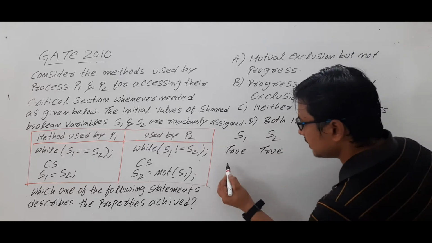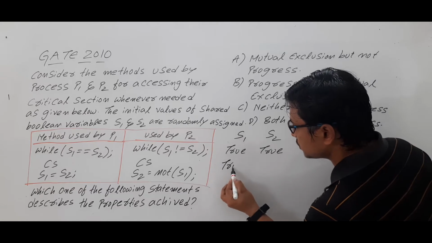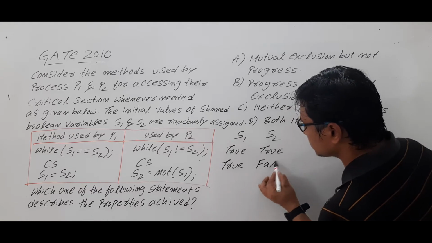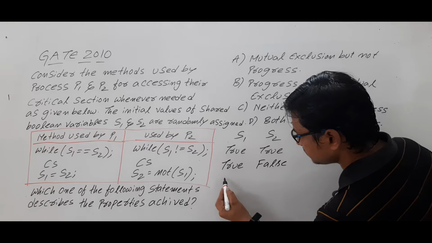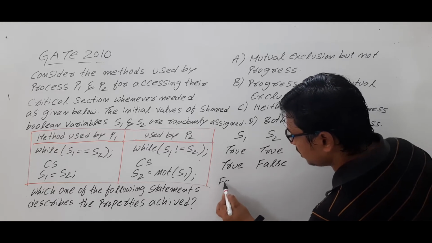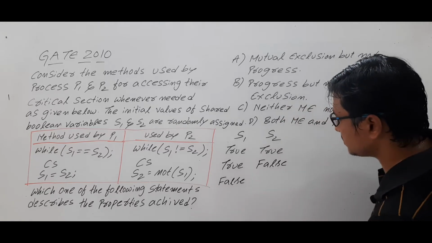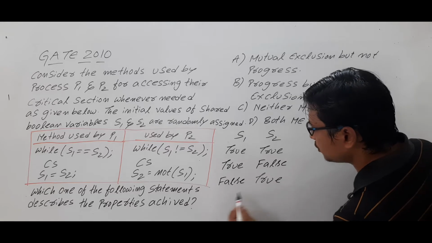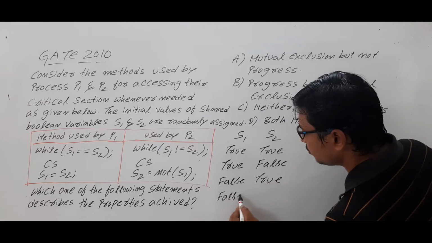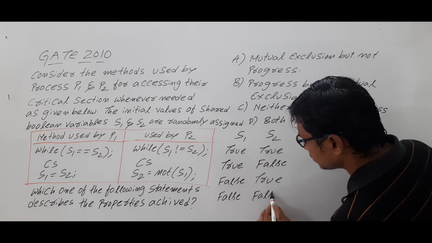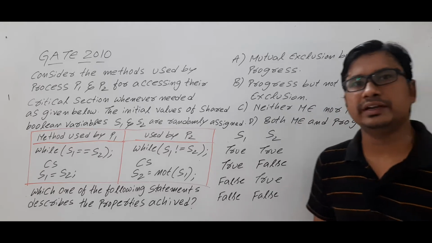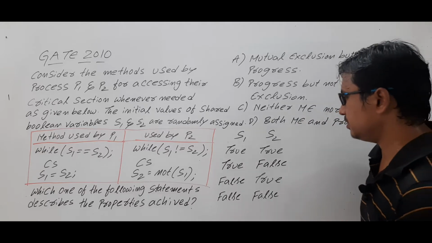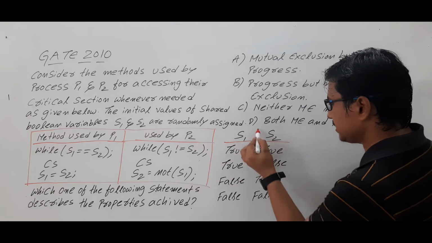Then the next one is S1 is true, S2 is false. Then S1 is false and S2 is true, and both are false. These are the four scenarios we will face when S1 and S2 are two Boolean variables. Is it clear?